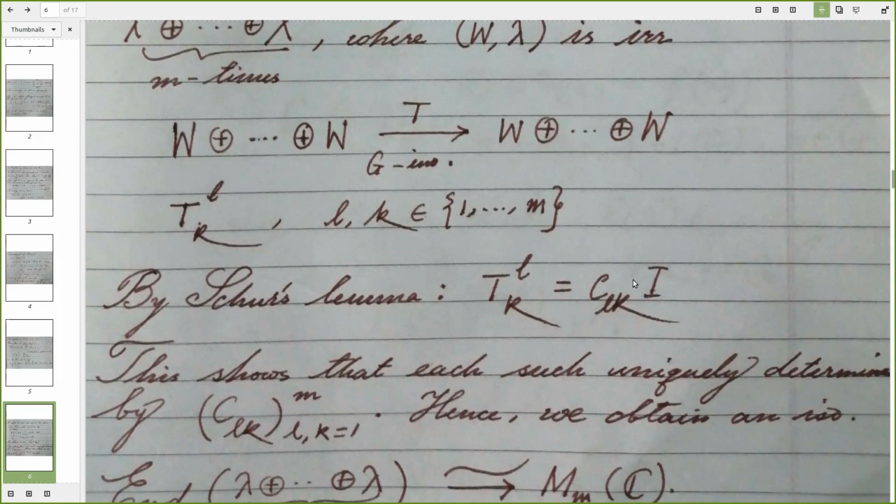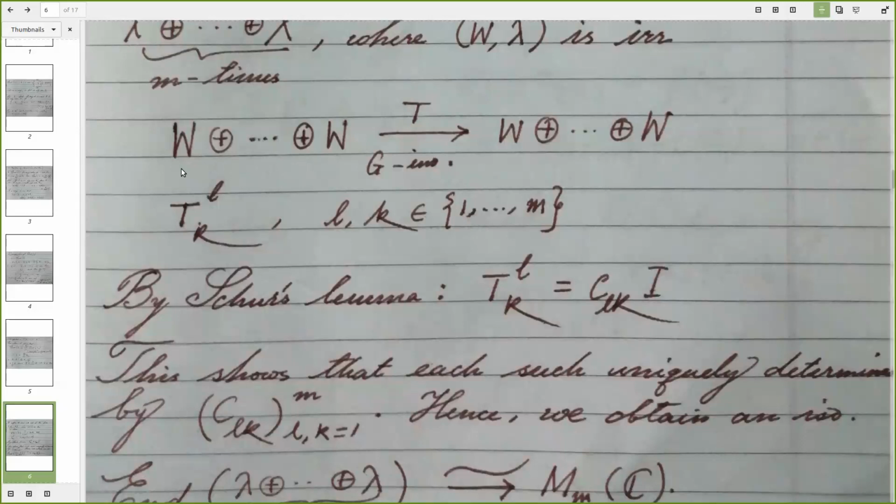Okay. So T is completely determined when all T_lk are determined, because we need to know where a typical vector from a summand goes to, and in order to know that, we just have to know what its components are.